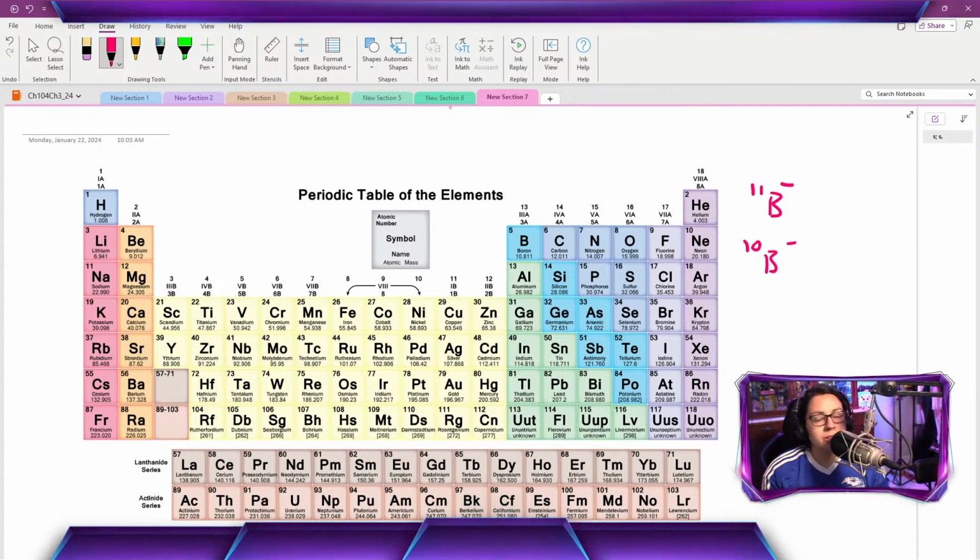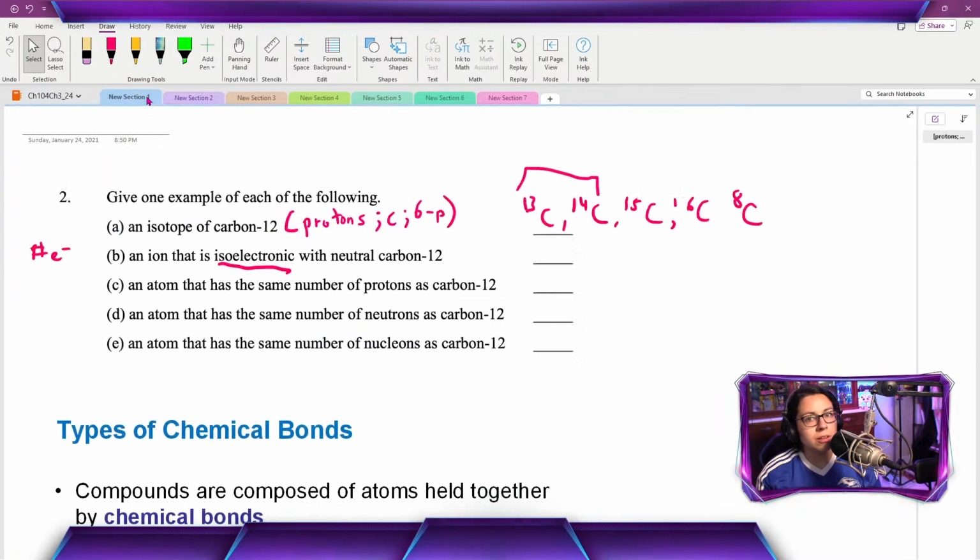Of course nitrogen has 7 electrons if it's neutral, and we could pick nitrogen 14. Then to make it isoelectronic to carbon 12, it would have to be nitrogen plus. Let's put those answers down.